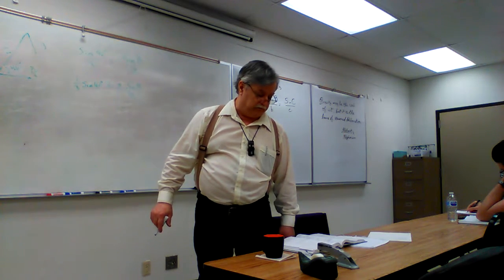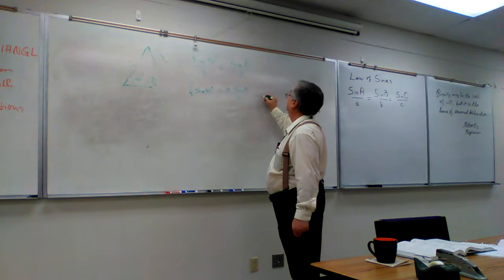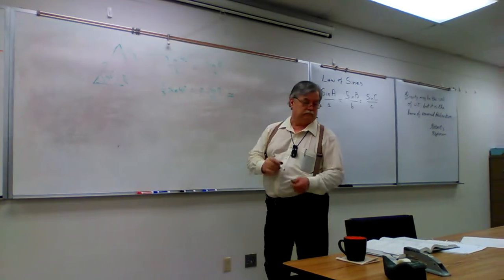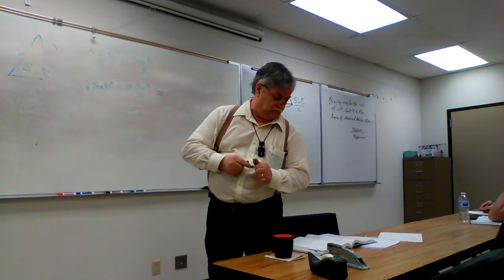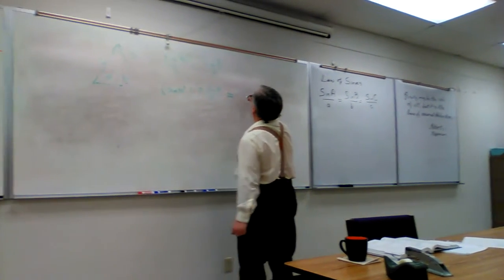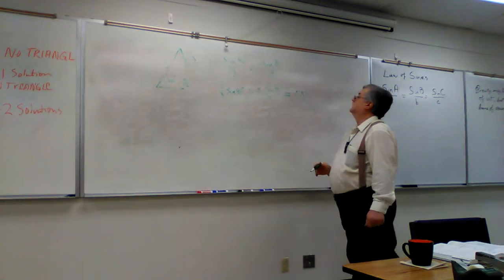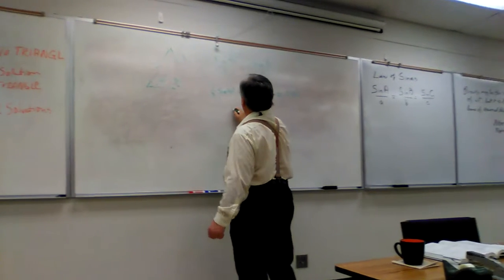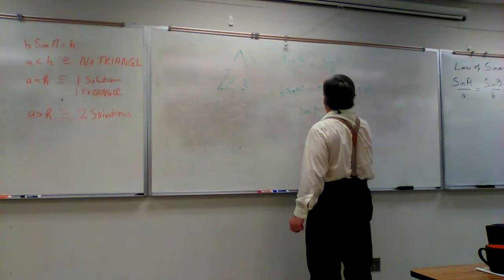So what is 2/3 times sine of 40? Okay. Now, what that tells us is that the sine of the angle B is equal to 0.43.